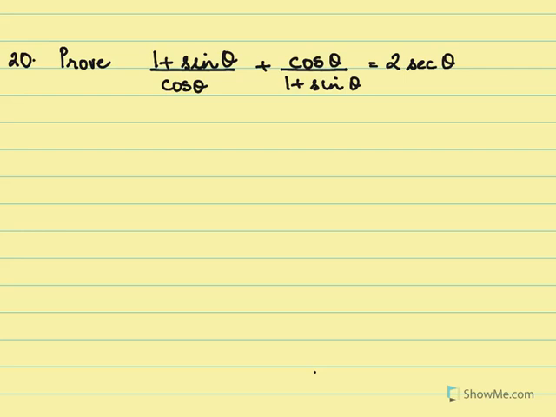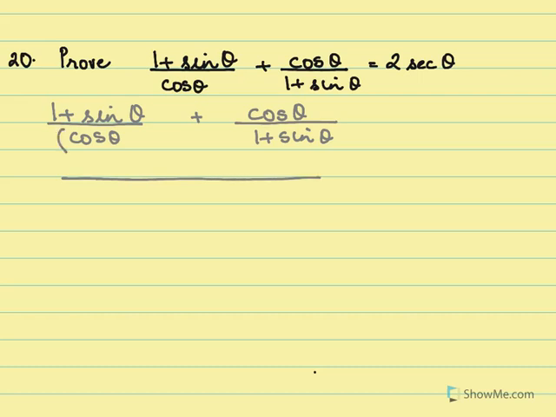Here again we need to prove the left hand side equal to the right hand side. So let's copy the left hand side. So first step we take the LCM. And if you notice, the LCM will be cos theta into 1 plus sine theta. Now the LCM is cos theta into 1 plus sine theta.